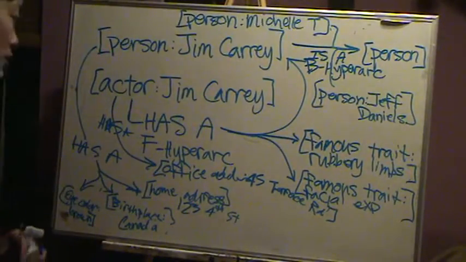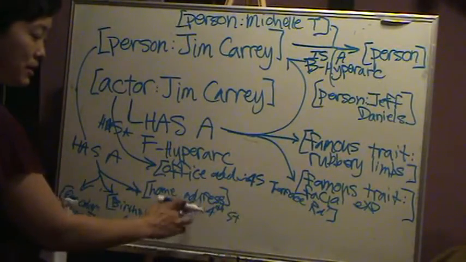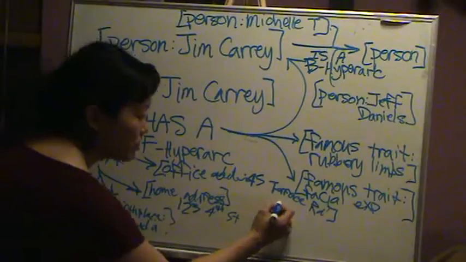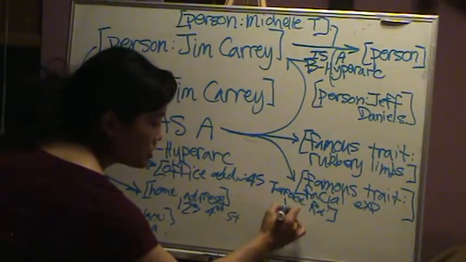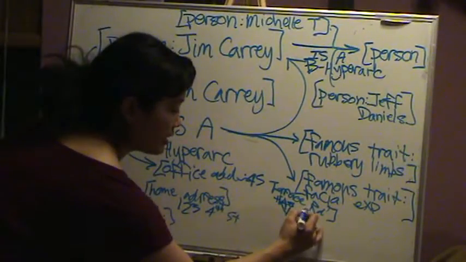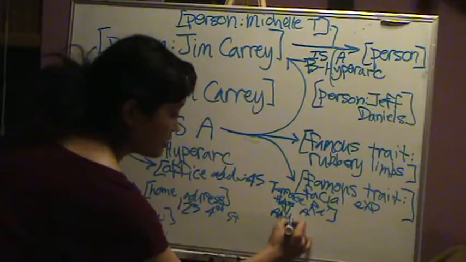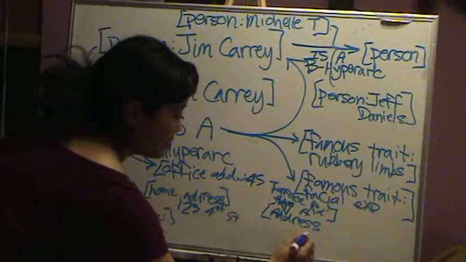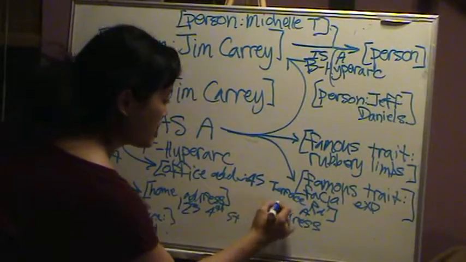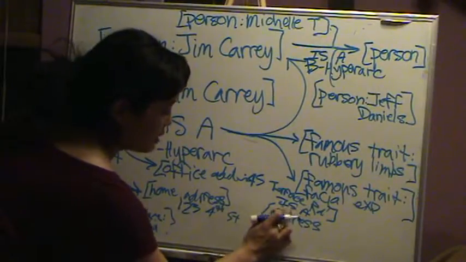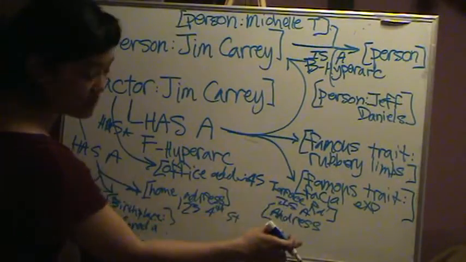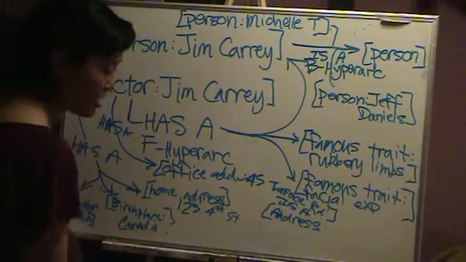Alright, and let's say we want to somehow compare these two, because they're both types of address. Well, how do we connect them? Well, what we would do is we have another is a relationship, where office address is a address. And of course there would be one more is a there. Office address is a office address, which is a address.